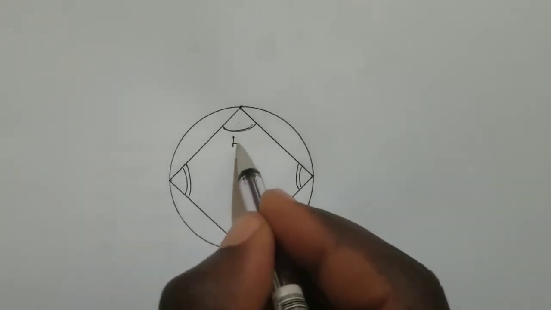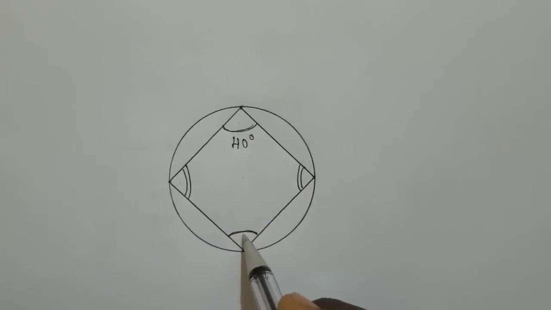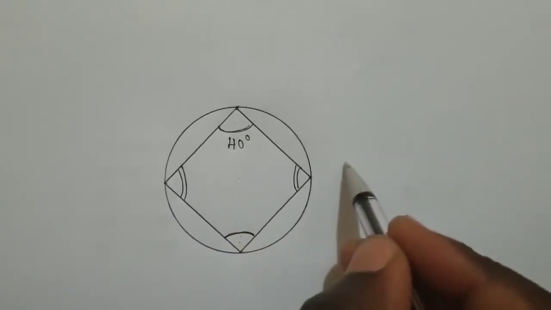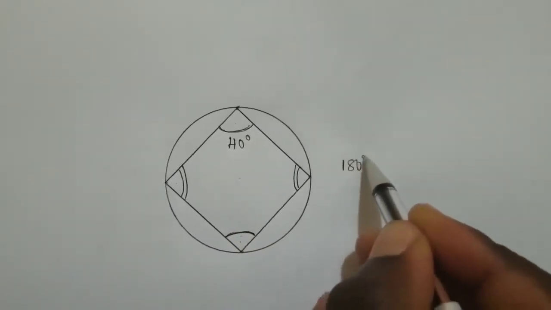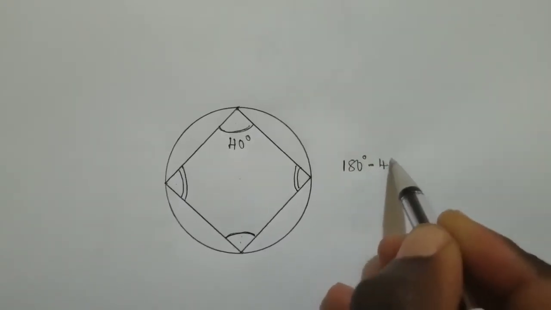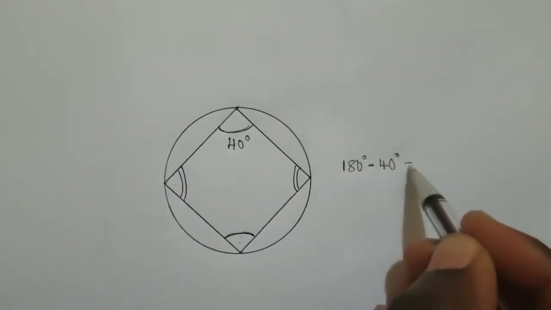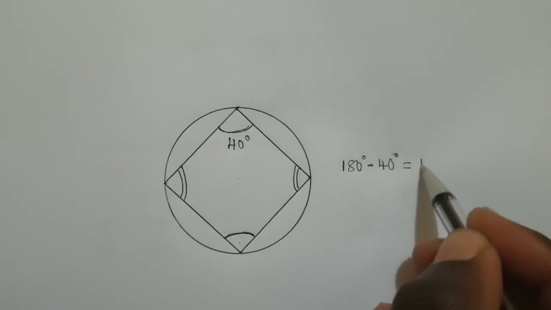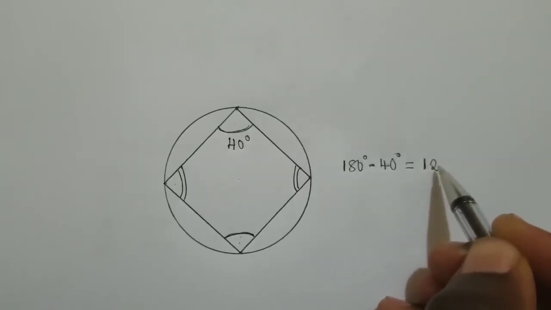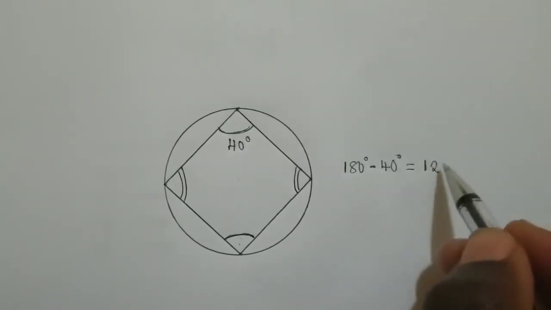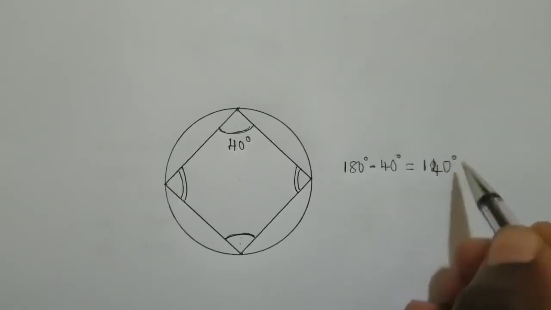If this is 40 degrees, what will be this angle right here? You're going to say 180 degrees minus 40 degrees. And it's giving us what? 140, sorry. 140 degrees.